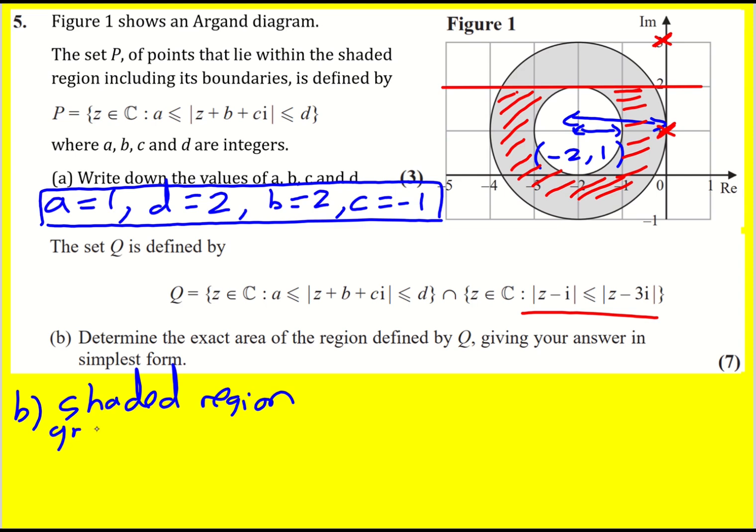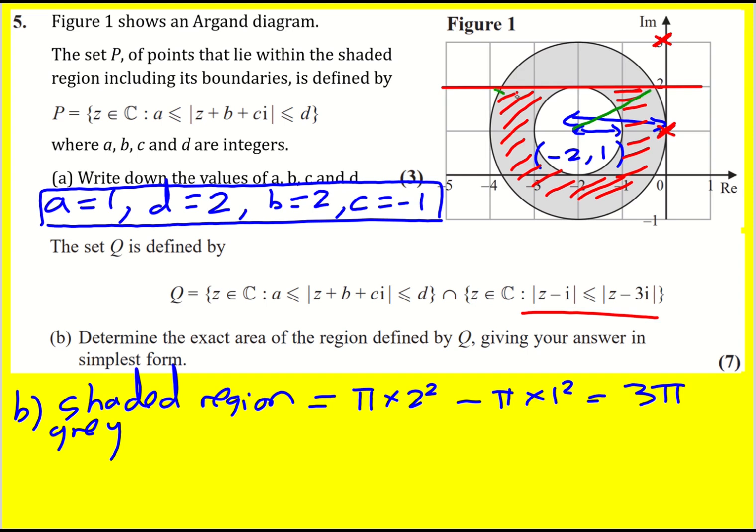I should probably add the gray shaded region because I've just shaded it in red. Well, that is going to be pi times 2 squared, the big circle, minus pi times 1 squared. That's 4 pi minus pi, 3 pi. Just got to subtract the segment now.